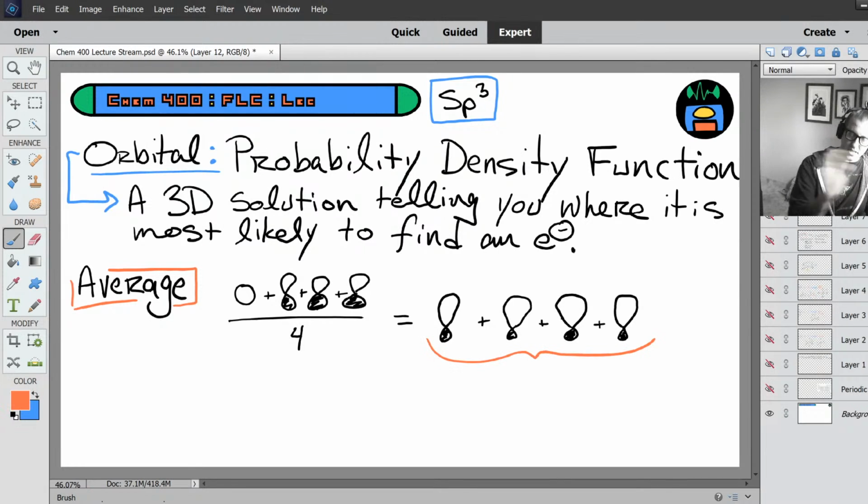They took 4 orbitals in and got 4 orbitals out. These were called sp3 hybrid orbitals.